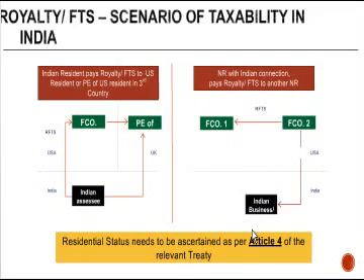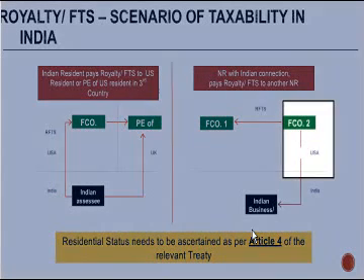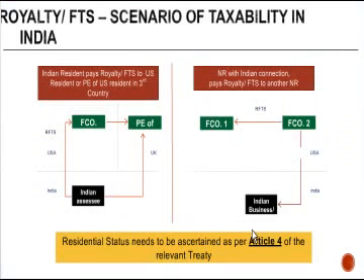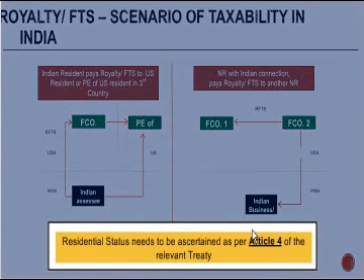In this example, if the foreign company too wants to opt for the provision of the US treaty with India, they have to be a resident as per Article 4 of the India-US treaty. The number of articles may be different, right? But generally your residential status has to be ascertained as per Article 4 of the relevant treaty.